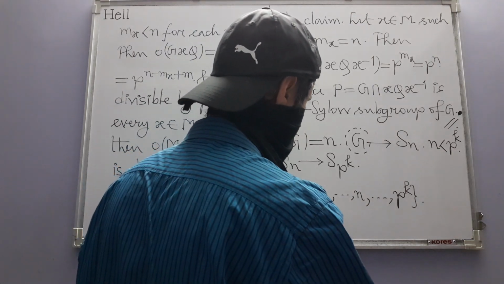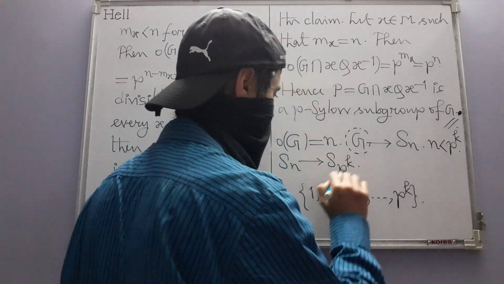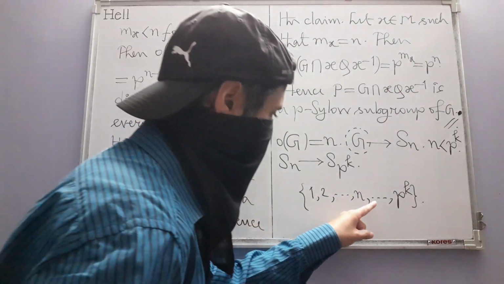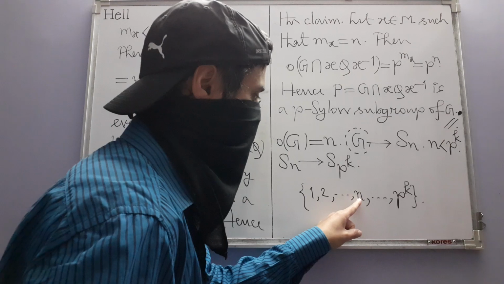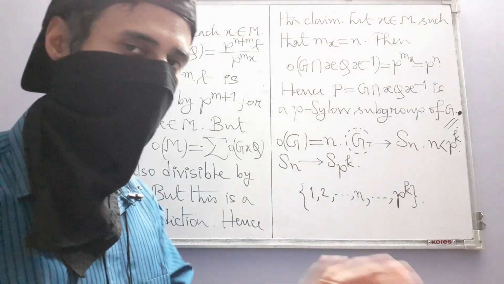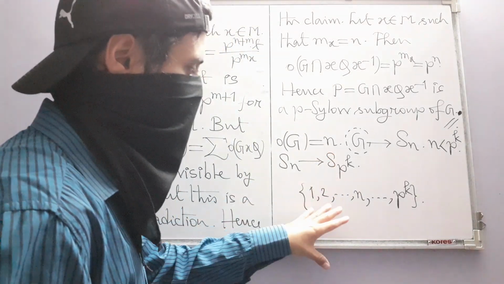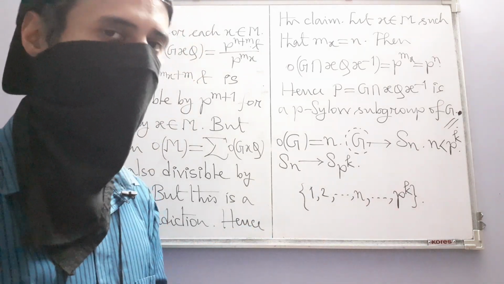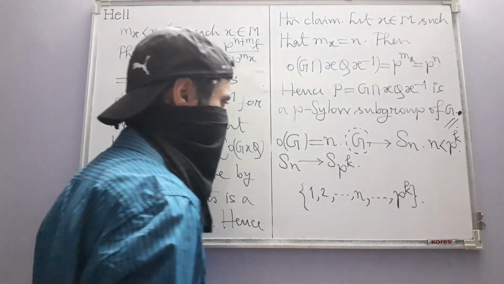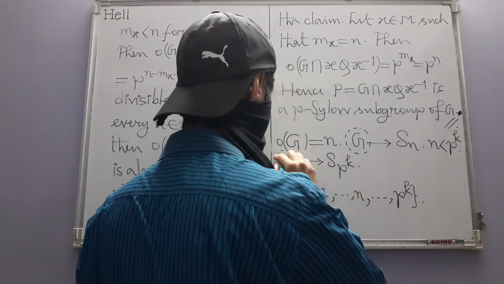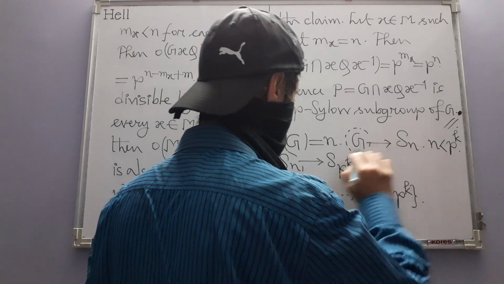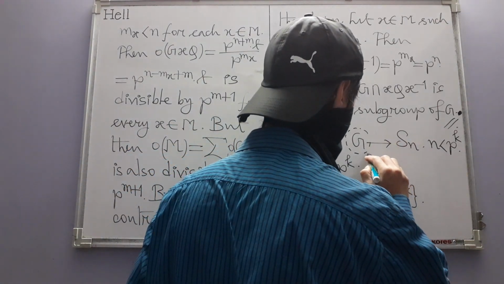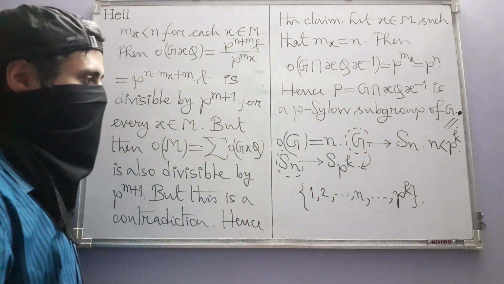So you just consider in S of p to the power k those permutations that fix these symbols that appear after n, that is n plus 1, n plus 2, all of them. That set turns out to be the copy of Sn in S of p to the power k. That's it. It's very easy to show. But then, using these two embeddings, you get a copy of G inside S of p to the power k.